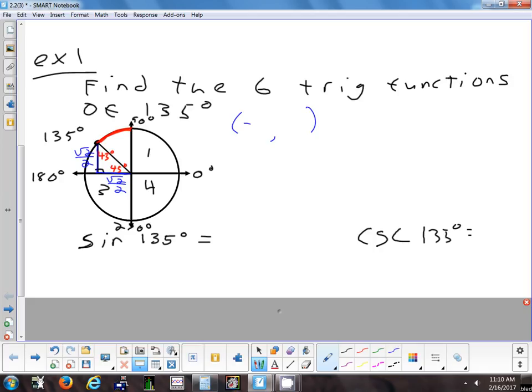Yeah, that's the only thing that's going to change today, is sometimes you're going to have a negative. So this time, left, square root 2 over 2, that's negative, and then up, that's still positive. So now we do all 6 trig functions just like normal. Just remember that the x value is negative.